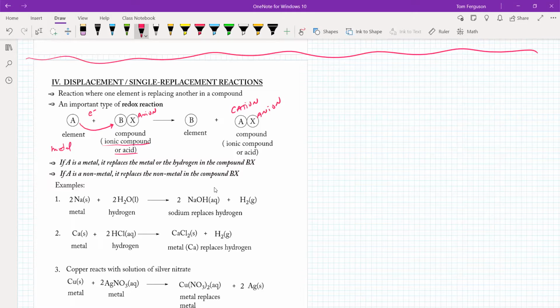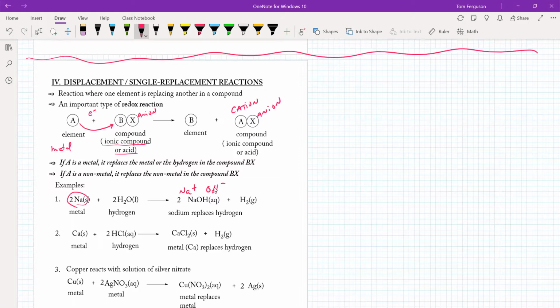so we have a metal here, sodium, okay? In a single replacement reaction, the possibility exists that the first element can lose electrons. So what happens is the sodium is going to lose an electron. Now, remember from when we talked about the periodic table, group 1, which is where sodium is, likes to lose 1 electron to become a full shell or a noble gas. Okay, so it likes to lose electrons. So what happens is it becomes sodium aqueous.